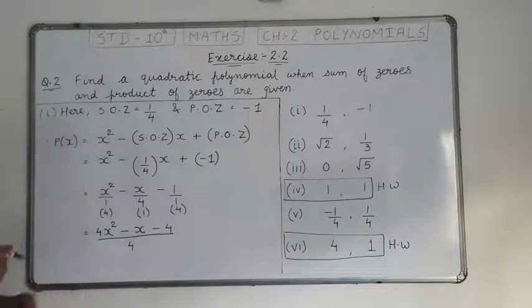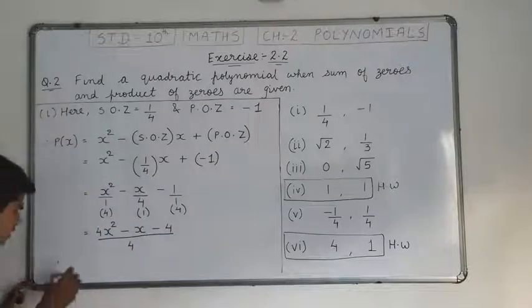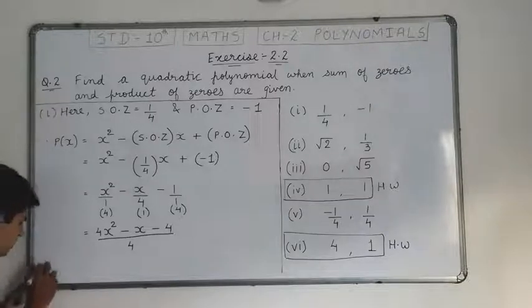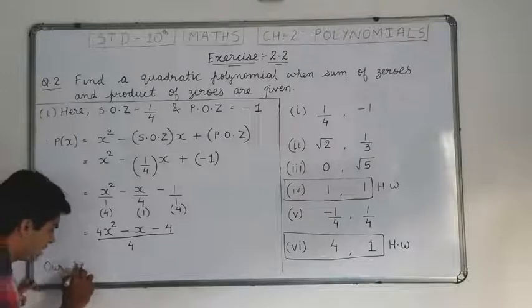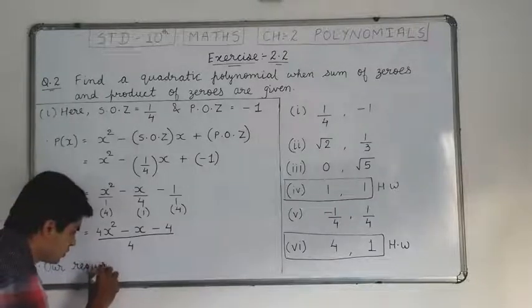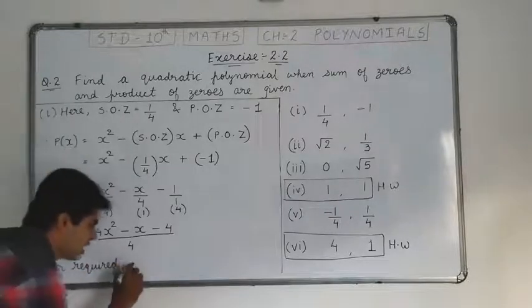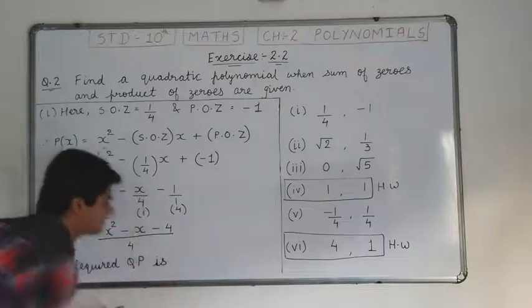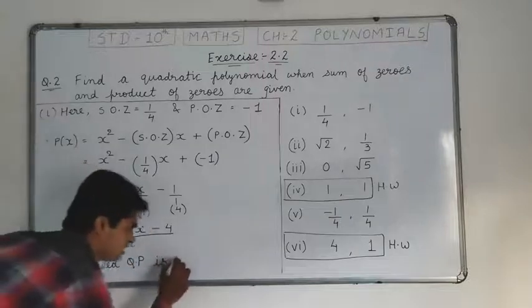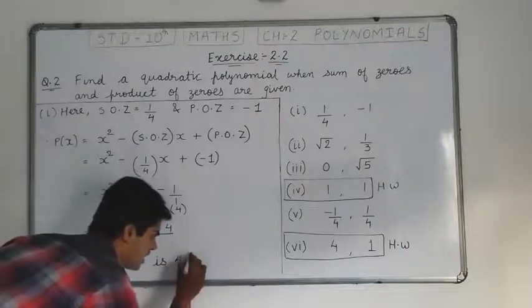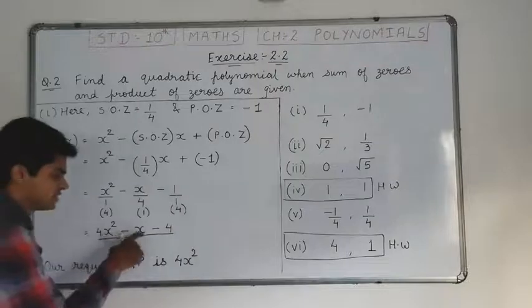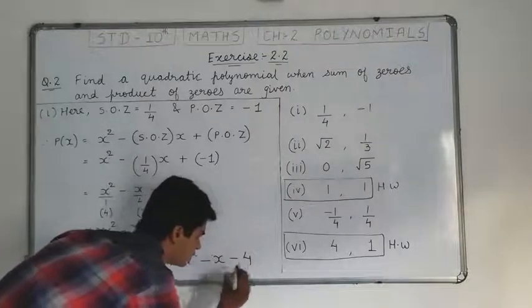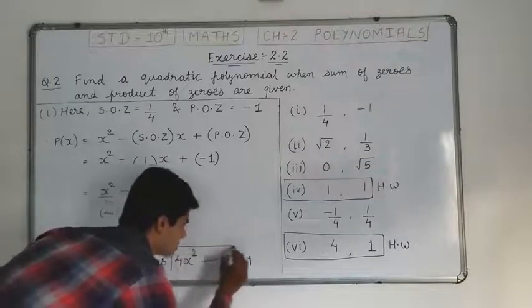So therefore our required quadratic polynomial is only numerator. It means 4x square minus x minus 4. So this is your answer.